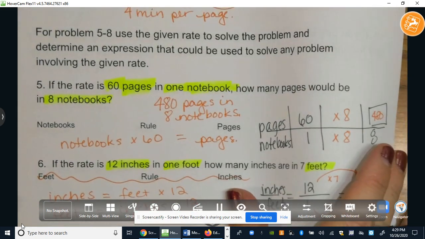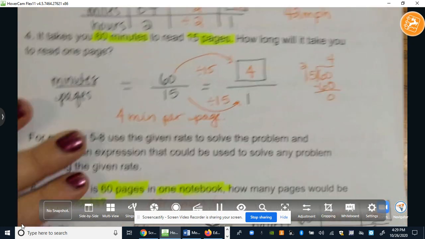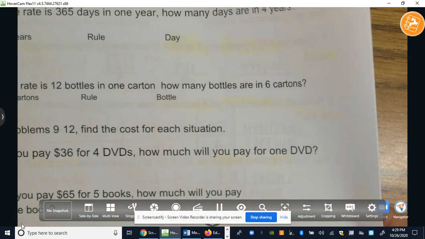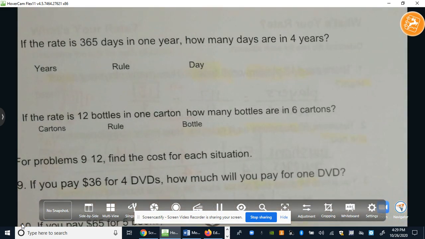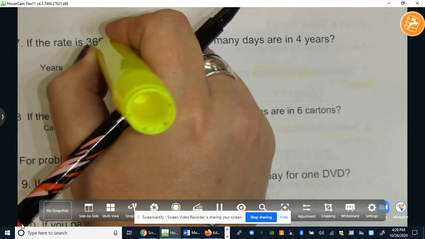So let's go to our next page, or flip it over to question number 7. So if the rate, and this isn't a rate, this is a rule. So the rule is 365 days in 1 year. How many days are there in 4 years? So we're comparing days and years.